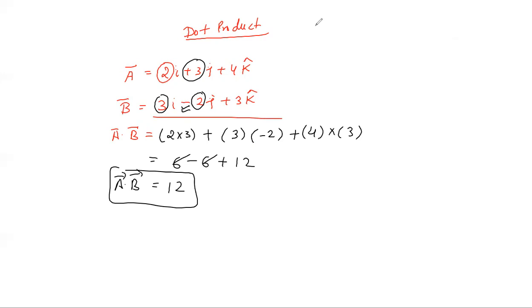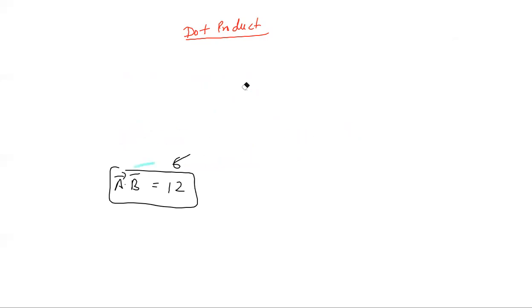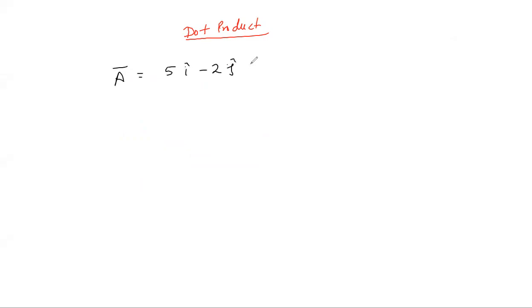Now let us take another example. All of you write in your copy. Suppose A vector equals 5i cap minus 2j cap plus 3k cap, and B vector equals i cap minus j cap minus k cap. So what is A dot B?